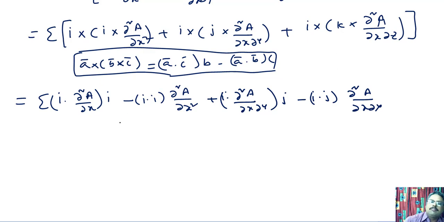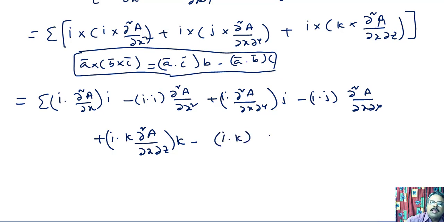Now for the third term, plus i dot k into dou square A by dou x dou z into k, minus i dot k into dou square A by dou x dou z. Okay, this is under the entire summation.